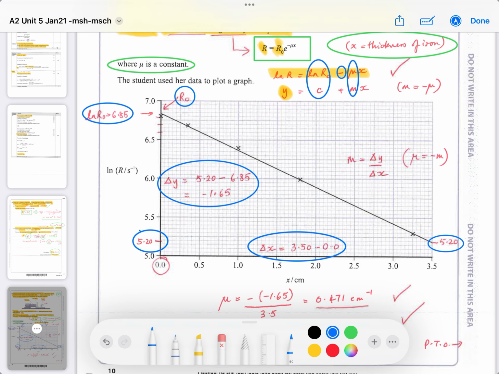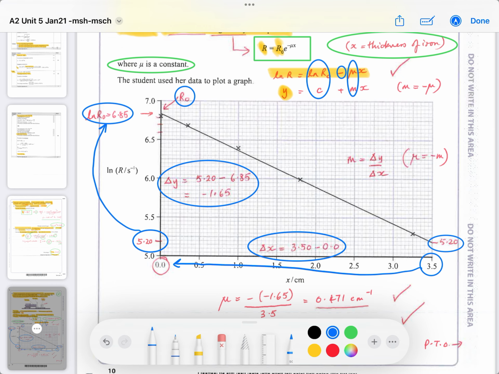So that's what I've done here, in the delta y expression. I can see that it's gone down by 1.65, so that's why it's negative, and the x-axis has gone from 3.5 all the way down to 0.